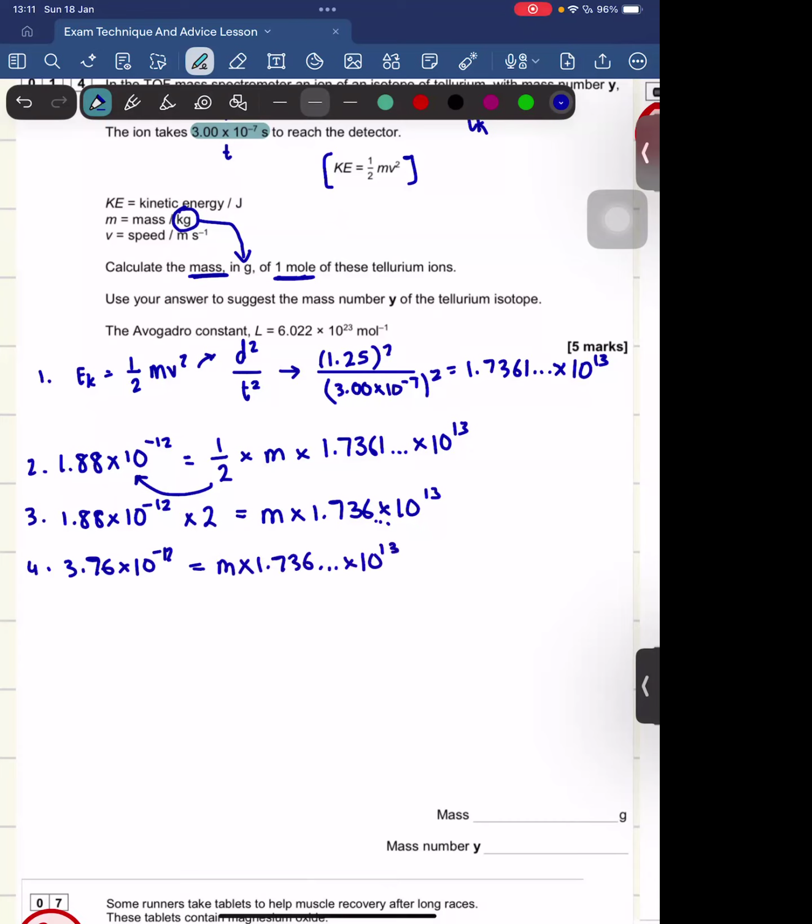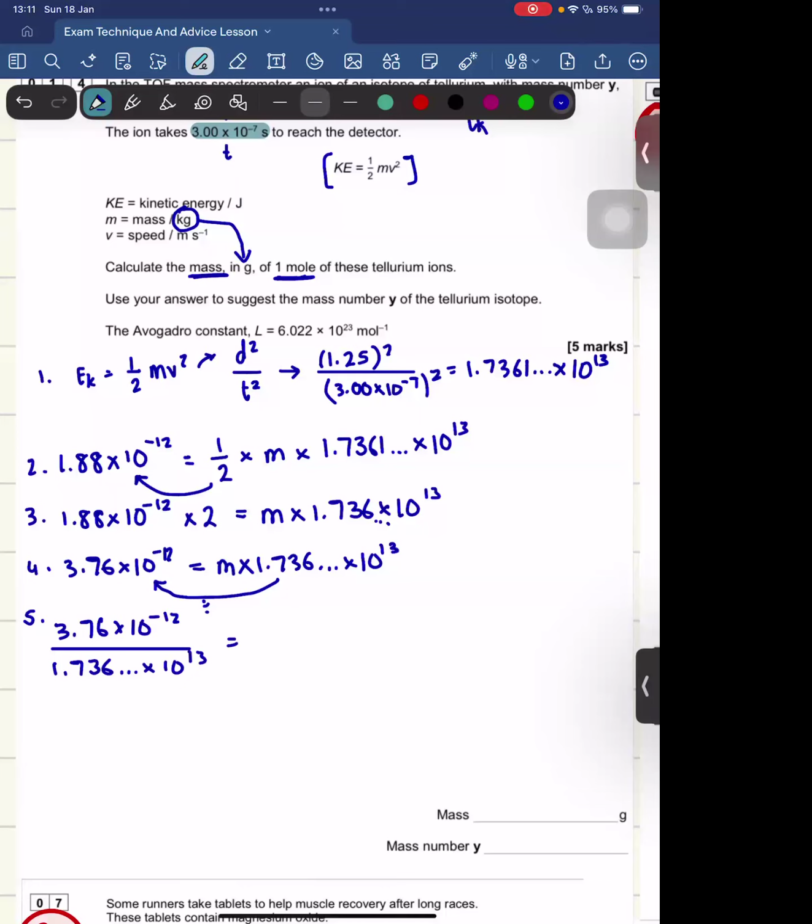And if it does help you, you can actually number them as I'm doing here as a step by step. So then finally, to get that m by itself, all we need to do is, again, bring this over to this side by dividing it. So 3.76 times 10 to the minus 12 divided by the 1.736 dot dot dot times 10 to the power of 13.